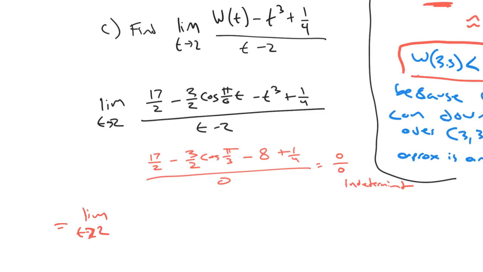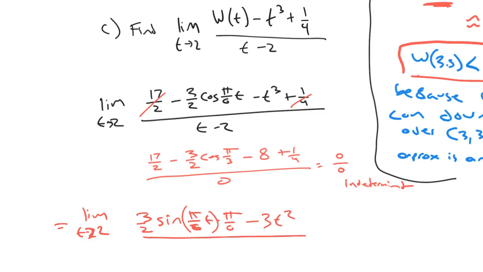Well, I know the 17 halves and the 1/4 are going to become 0, and the derivative of cosine is sine. We've already done this derivative, haven't we? So we've got positive 3 halves sine of pi over 6t times pi over 6 for the chain rule, and then minus 3t squared, and the derivative of the bottom is just going to be 1.